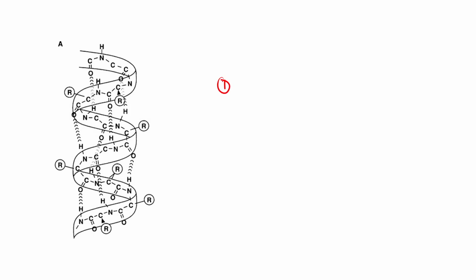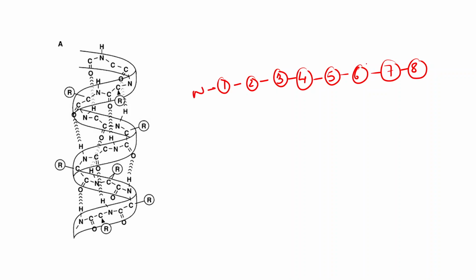Let's say I have a peptide of 8 amino acids. The first amino acid will have the N terminal here, and the C terminal will be there, so COOH, and we will have NH3 here.